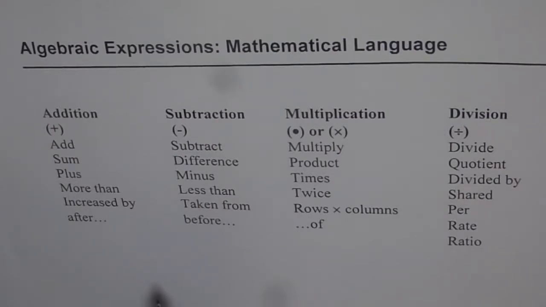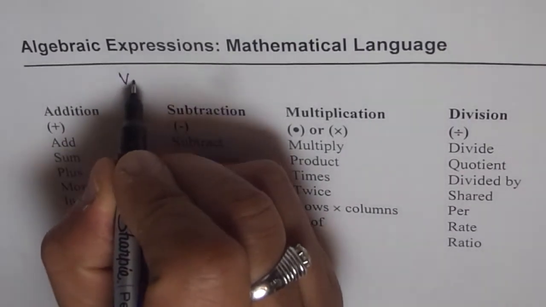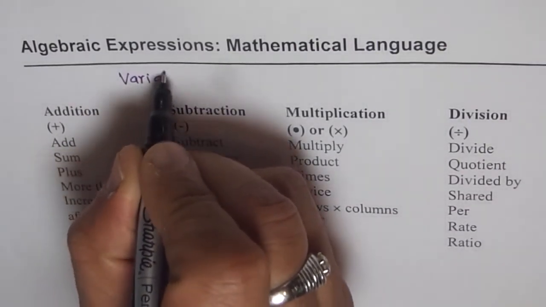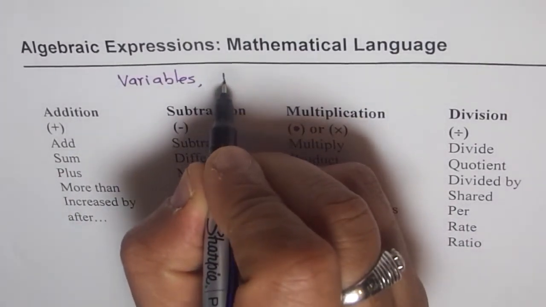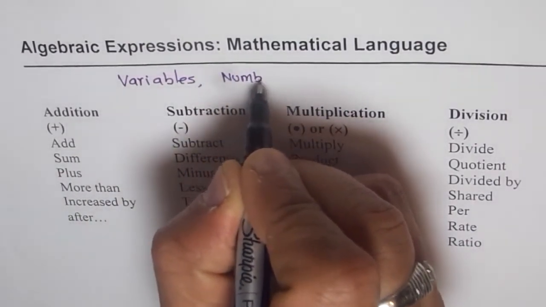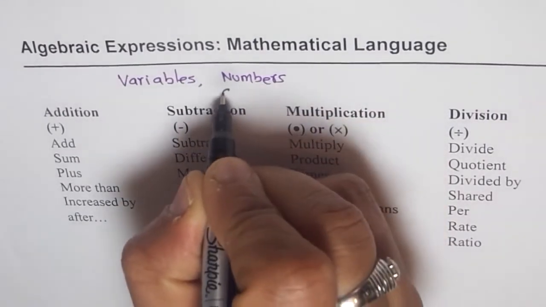What helped us to write an expression from the phrase? This is what we'll analyze at this moment. There were a few things which formed an algebraic expression. First and foremost, variables, right? Variables were very important for us, and then we had some numbers, which we have been calling constants, right?